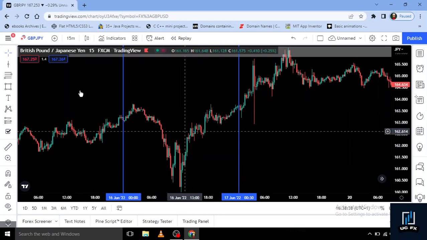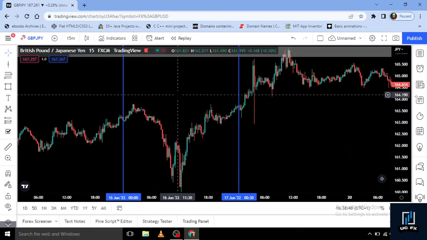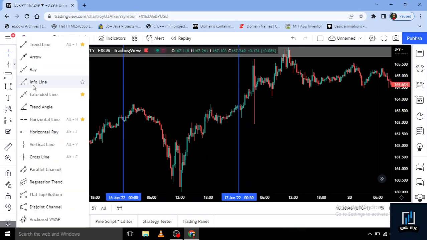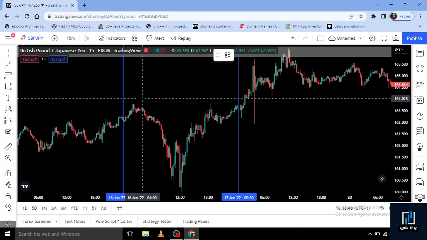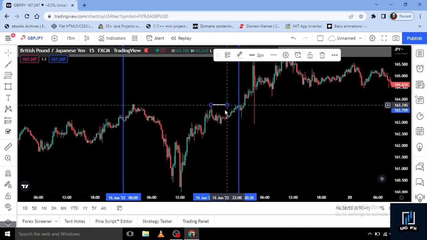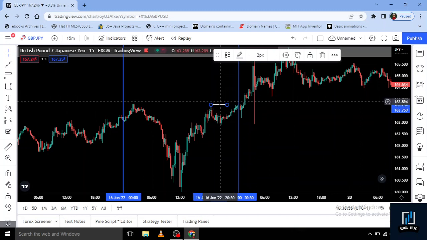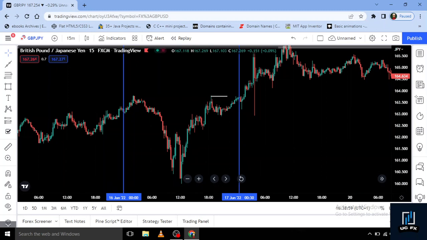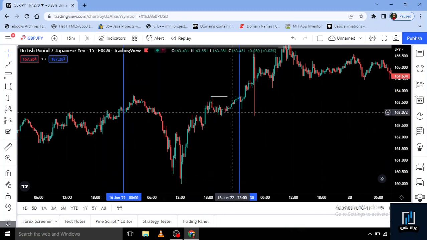This is in the 15 minutes time frame. Where is the highest point in this whole price action? You see we have the highest point here. So this is what we call the high of the day. As well, this is the lowest point. This is what we call the low of the day. That's the LOD and the HOD.